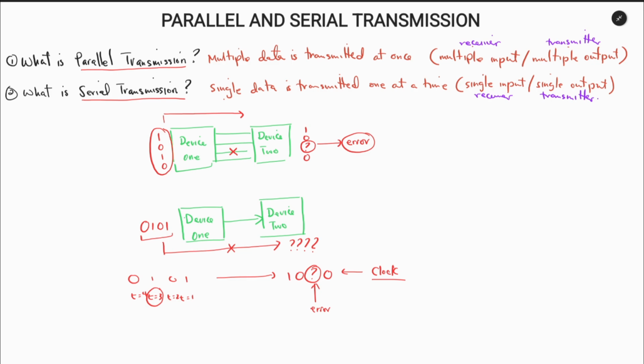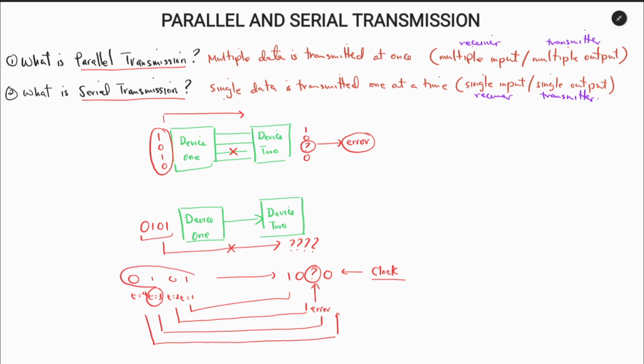This data will be sent at t equals 1, this data at t equals 2, this data at t equals 3, and this data at t equals 4. After 4 seconds, we know that the complete data will be available at the receiving end. When there is no synchronization, the data can be mixed up, where they won't follow the order, and when t equals 1, another data can be transmitted.